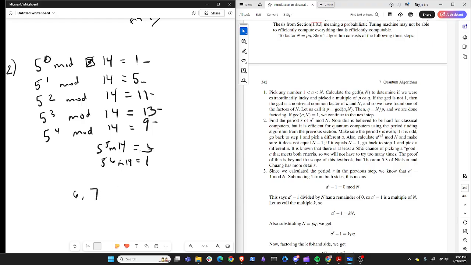Let's see. There's a Shor's algorithm simulator online that I like. I'll put a link to it in the Discord. Base to try. We're gonna try 5.